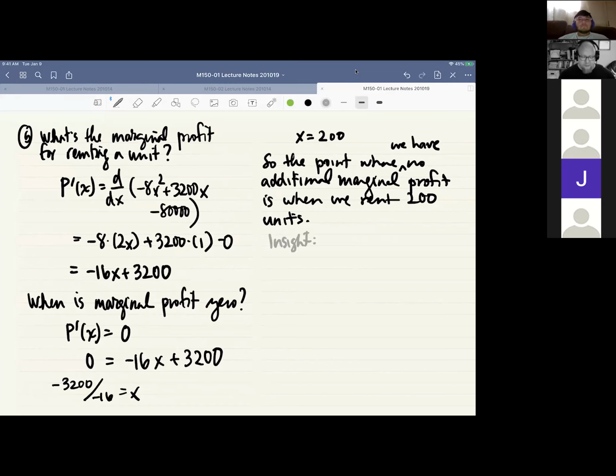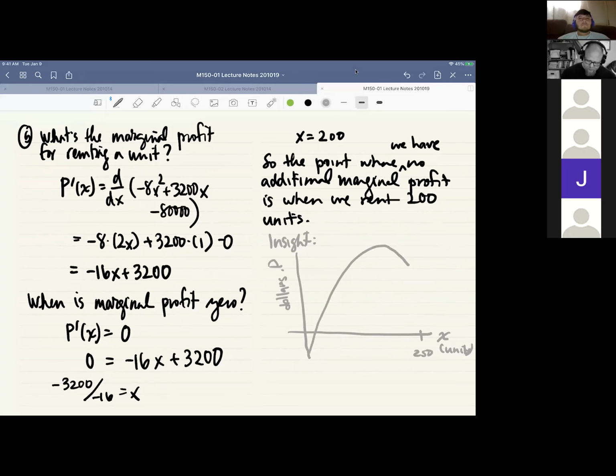Let me just give you a little insight into what's happening here. Here's a graph of the profit function. Here's the number of units, and here's the profit axis. The graph of this function, you can plot it yourself, looks like this.